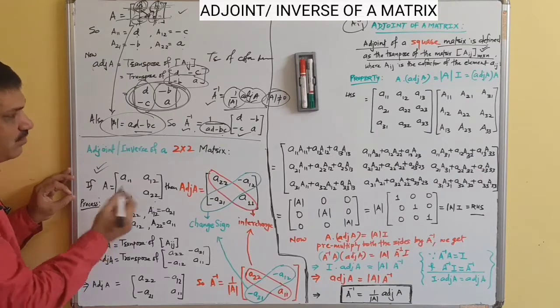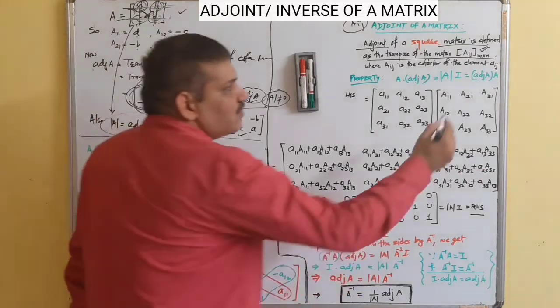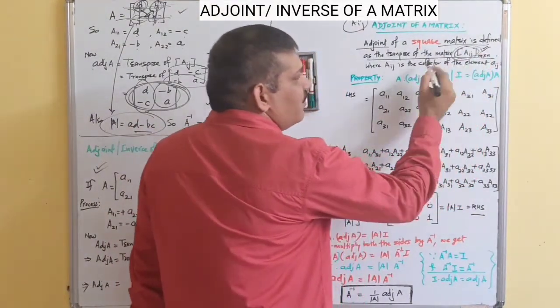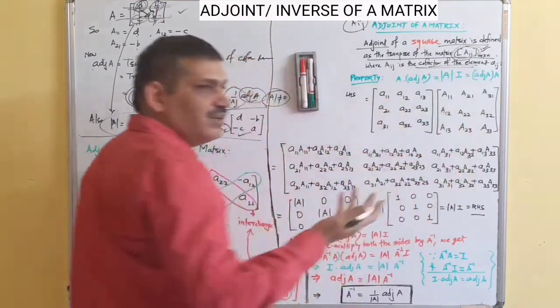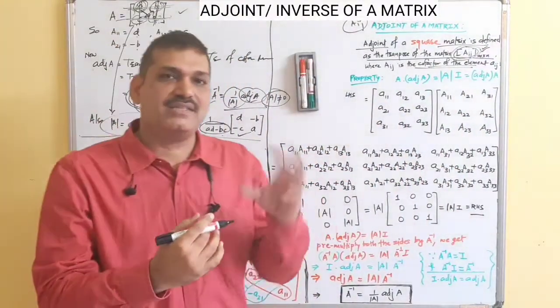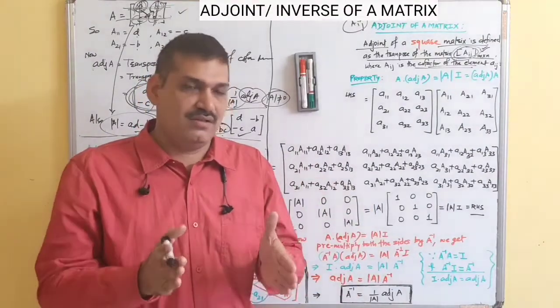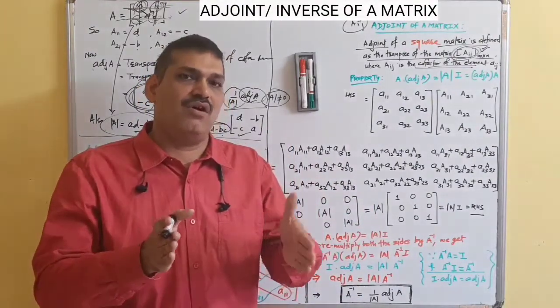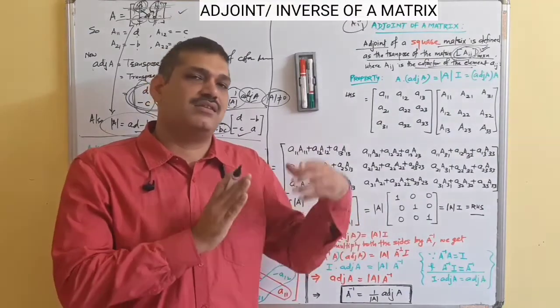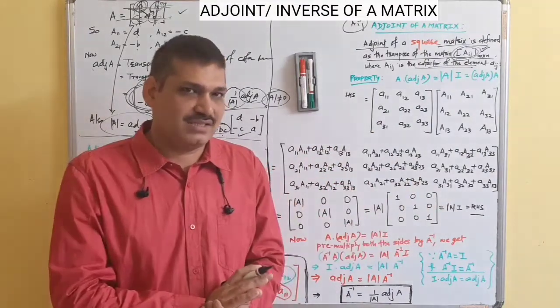To find the adjoint, we need the cofactors. After finding the cofactor matrix, we transpose it. The transpose of the cofactor matrix is the adjoint of matrix A.